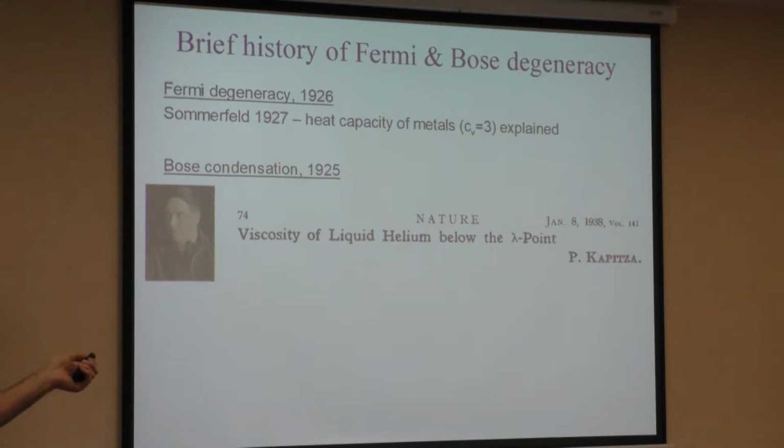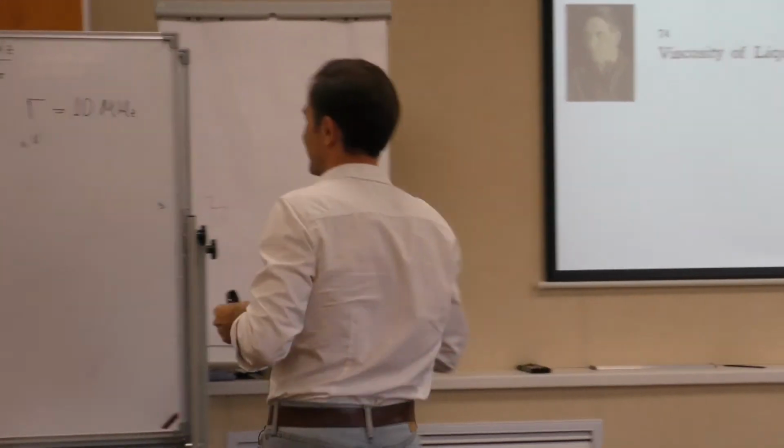The next year, Sommerfeld published his paper on the heat capacity of metals. He used this Fermi degeneracy concept to solve an important problem. Because from the point of view of classical physics, the heat capacity of a metal should be 6.